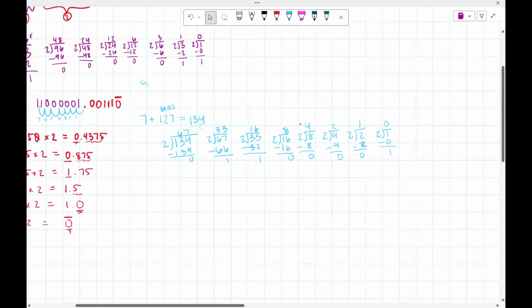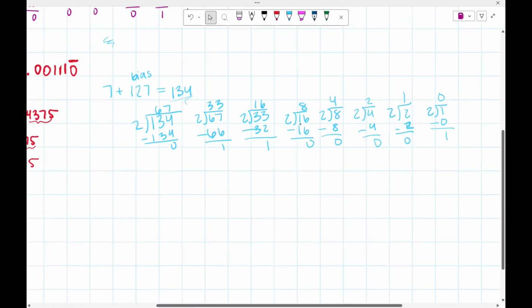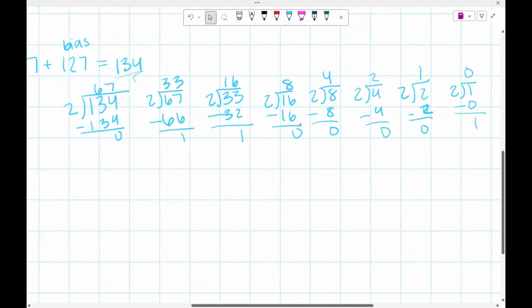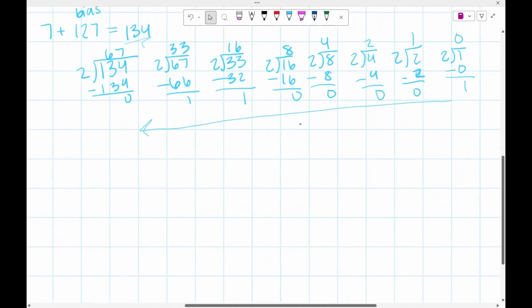Alrighty. And the exponent has to be 8 bits. So we'll just write that from right to left. And then just verify that you have 8 bits there. I think I wrote this wrong.